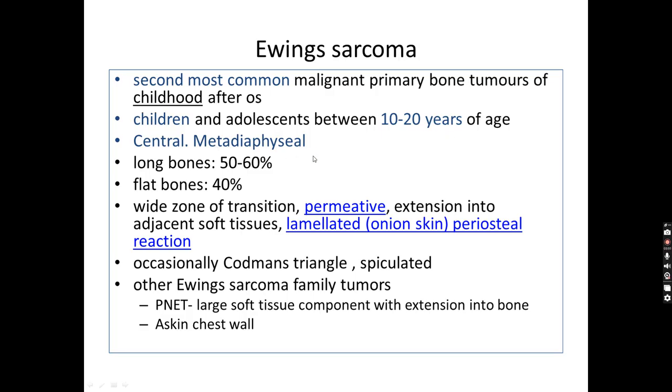It will be a metadiaphyseal lesion, and obviously it will show wide zone of transition and aggressive type of lytic destruction like permeative moth-eaten, and aggressive type of periosteal reactions like lamellated onion skin type of periosteal reaction. Askin tumor is a Ewing sarcoma of chest wall, and in PNET there will be more soft tissue component which is extending into the bone.